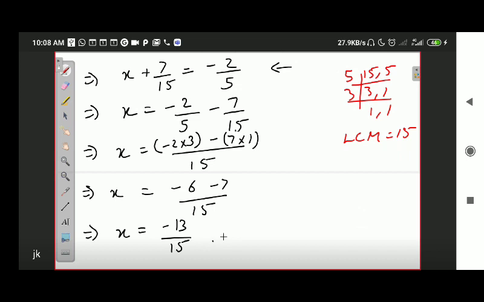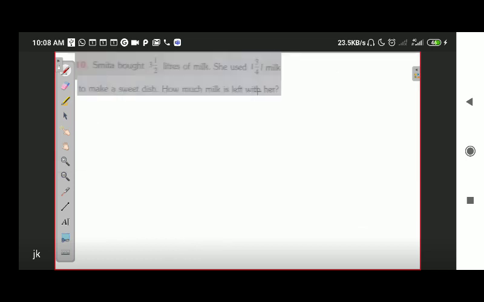Okay, let's see the last question of the exercise. Let me rewrite the question. Question number 10 is: Samita bought 3.5 liters of milk.